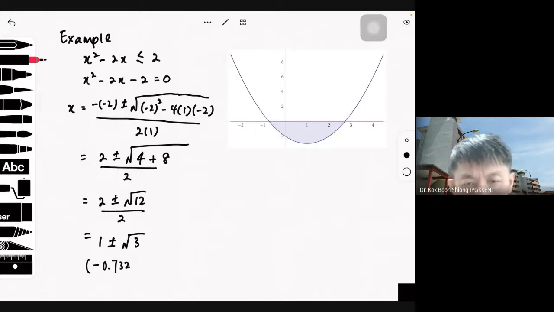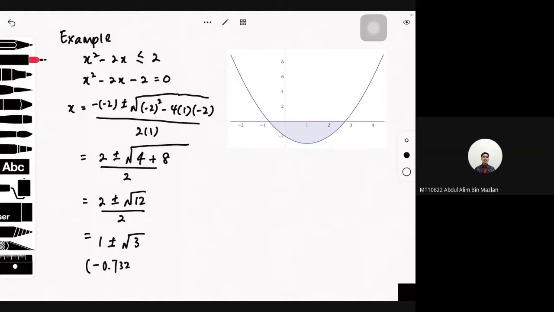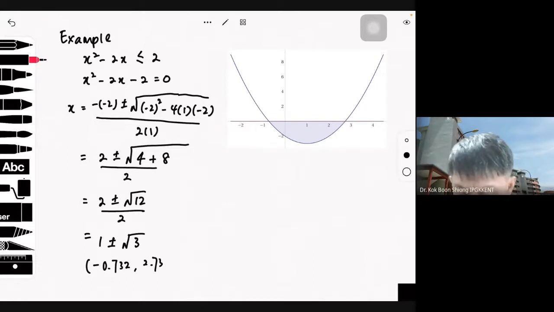And the other one, 1 plus square root 3 equals to what? 2.732. Okay, so this one is 2.732. Here is negative 0.732.